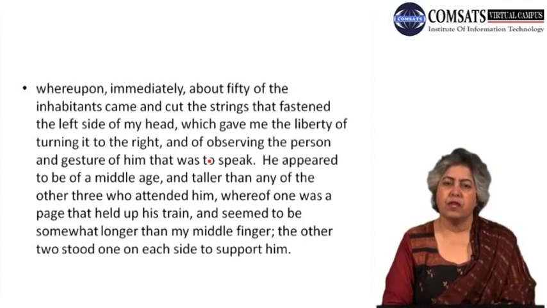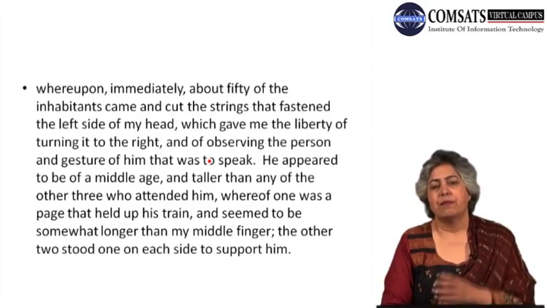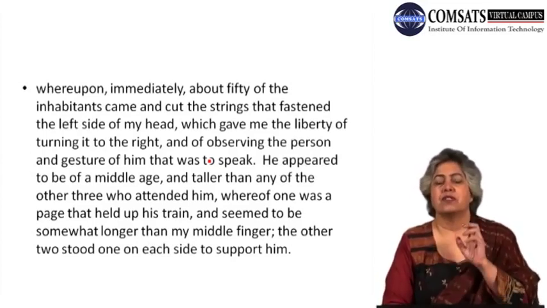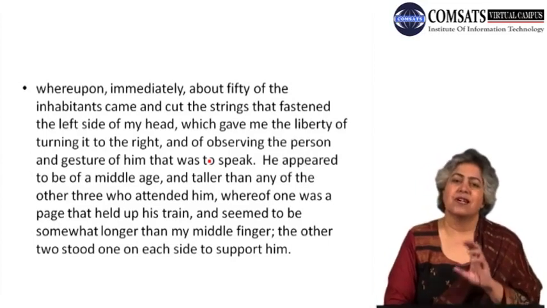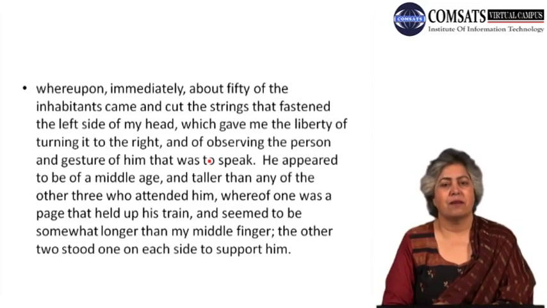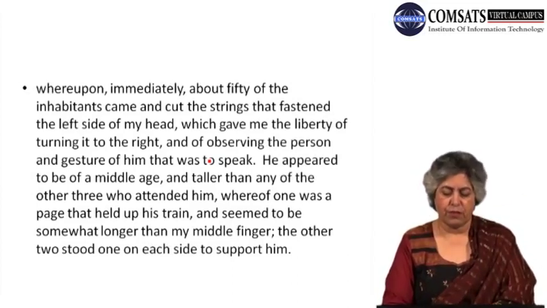He appeared to be of a middle age. Now Gulliver is describing this man. And remember, these detailed descriptions are given because Jonathan Swift wants us to believe that these things actually happened and that they're not just a kind of fairy story.